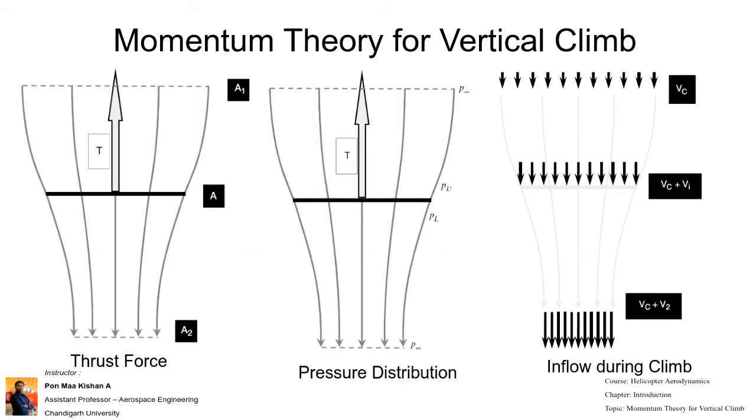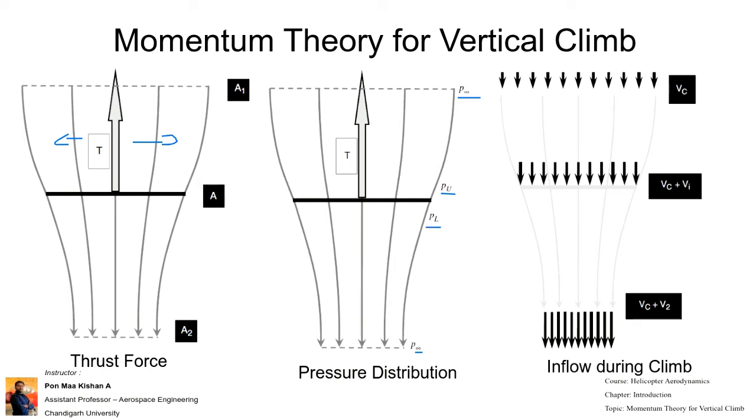Whatever I have told so far is replicated in this slide. The thrust force acts in the central part along the central axis, and the right and left sides are symmetrical. If I draw a straight line along the thrust axis, the flow is symmetrical from left and right. The same holds for pressure distribution: P infinity, P upper on the upper surface of the rotor, P lower on the lower surface, and P infinity. The velocity is considered correspondingly.